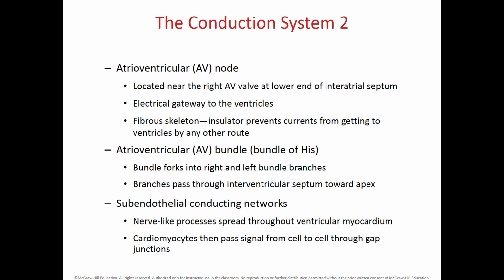And then the atrioventricular bundle will branch into the left and right bundle branches, and then from there it will spread into the apex, and then from the apex the fibers will go up to form the Purkinje fibers.